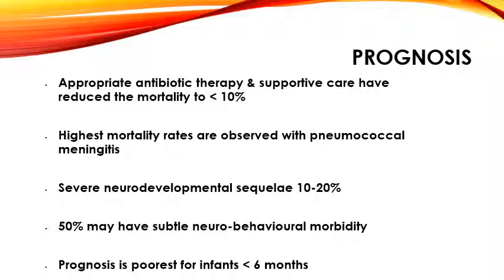Coming on to prognosis. With appropriate antibiotic therapy and supportive care, the mortality is reduced to less than 10%. Highest mortality rates are observed with pneumococcal meningitis. Severe neurodevelopmental sequelae is seen in 10 to 20% of patients. 50% may have certain neurobehavioral morbidity, and prognosis is poorest for infants below 6 months of age.